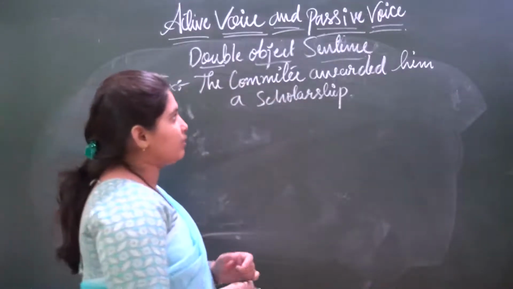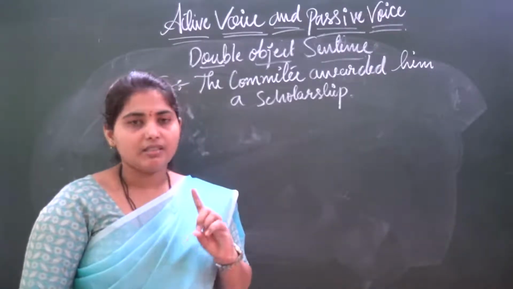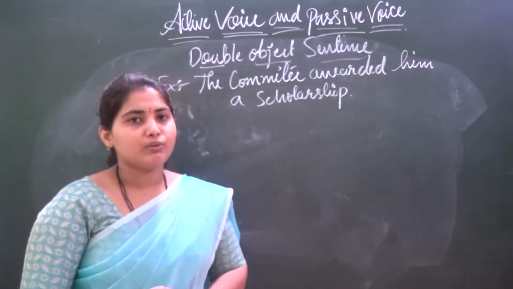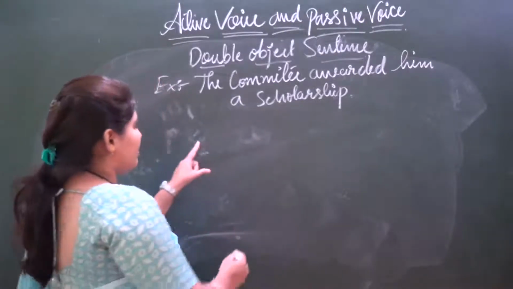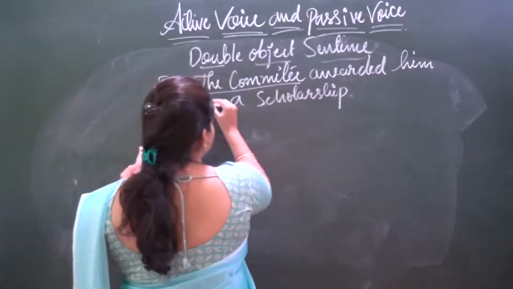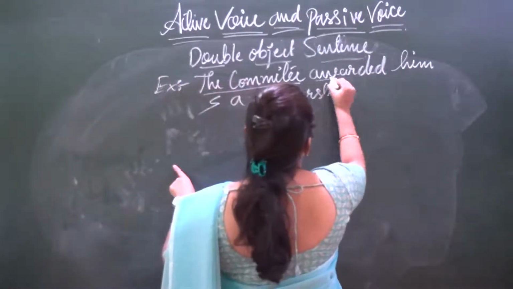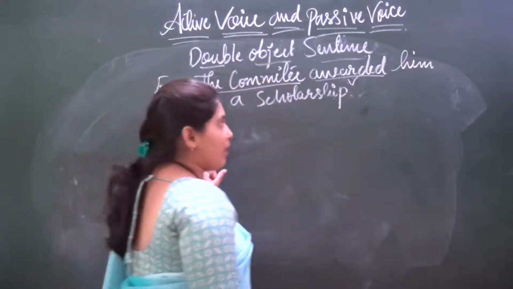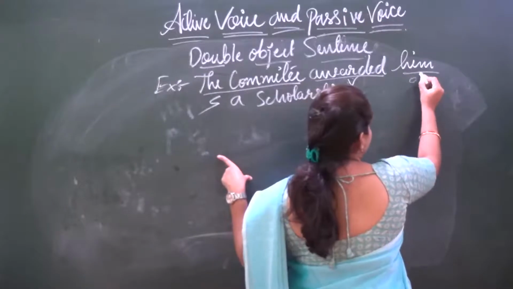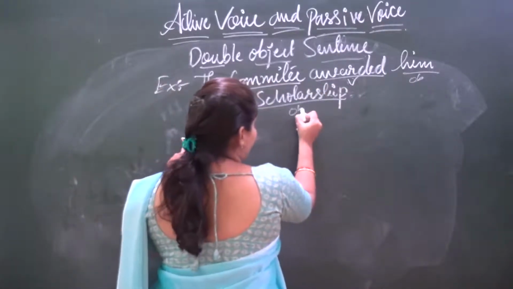So, till now, you have learned about only one object in the sentence. What will you do if there are two objects in the sentence? The committee, this is the subject, of course, right? Awarded is a verb. Now, "him" is an object, and here again "a scholarship" is an object.